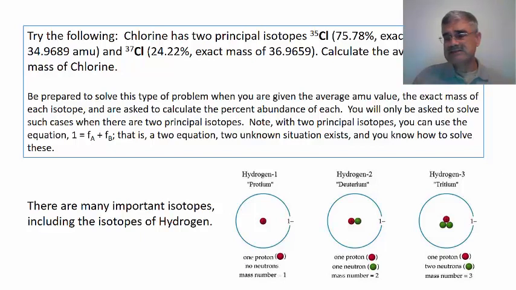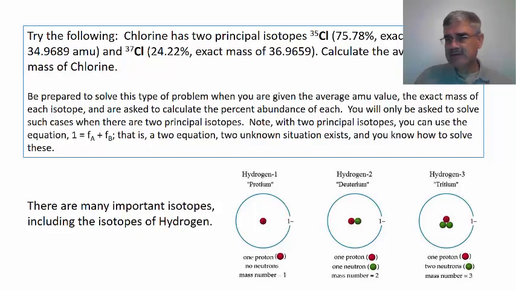There also exists an isotope called hydrogen-2, which we give the common name deuterium. It has one proton and one neutron in the nucleus, plus an electron in the electron cloud. And also we have hydrogen-3 called tritium, which has two neutrons and one proton, plus an electron in the electron cloud. Again, notice that to be hydrogen, you have one proton, but you can have 0, 1, or 2 neutrons.